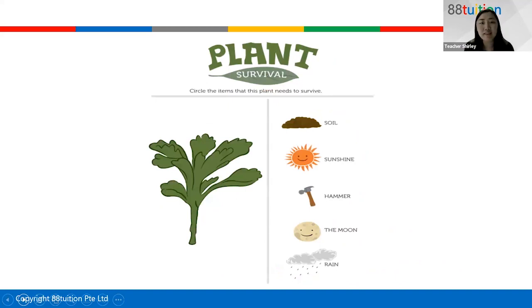So what are the things that the plant needs to survive? Does it need soil? Do you think the plant needs soil? Yes. Do you think the plant needs sunshine?